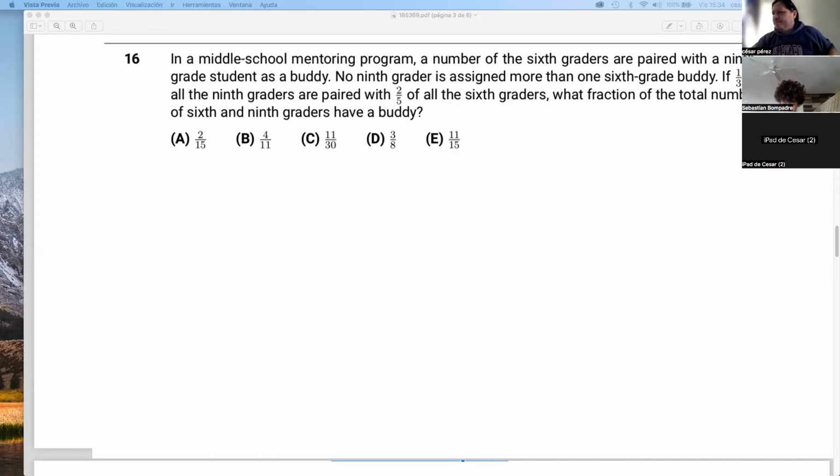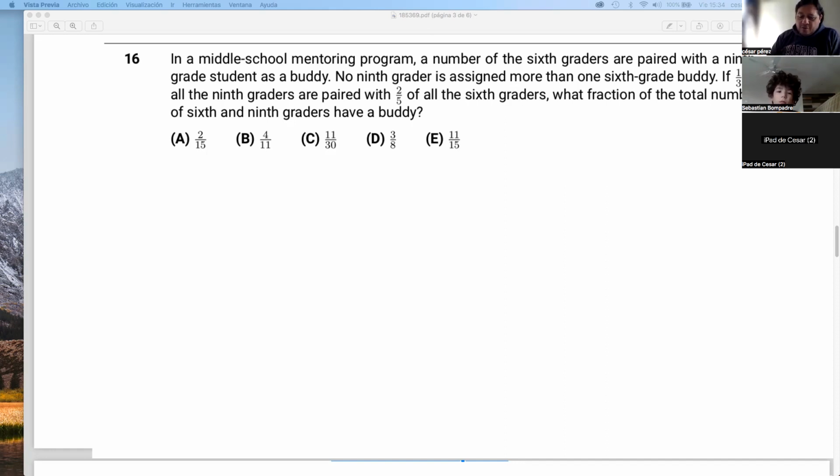Okay, let's see. We will use N for the students of 9th grade, and we will use S for 6th grade, okay? Letter S. We are going to make pairs of students.